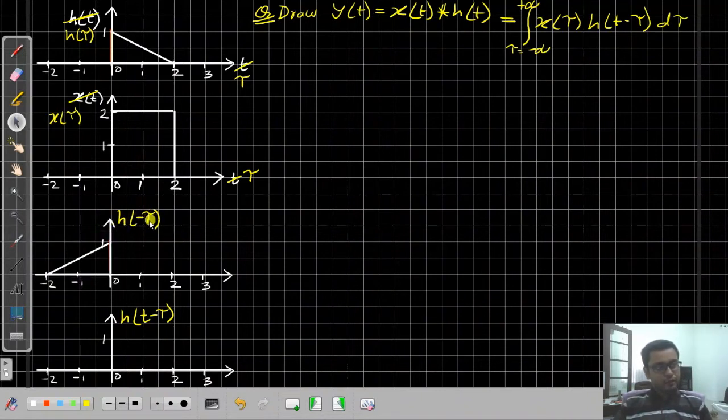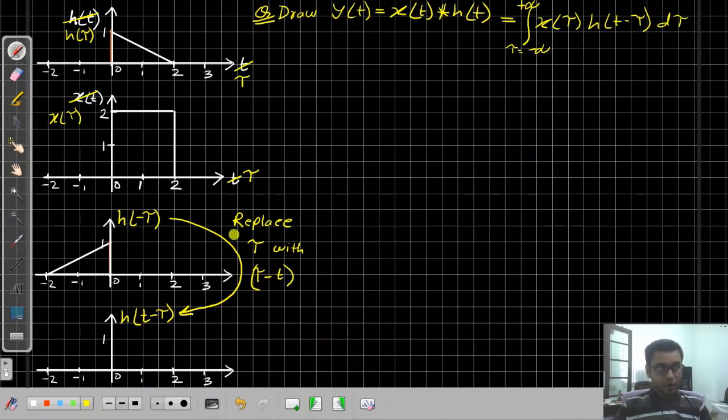Note that to come from here to here, what I have to do is replace tau with tau minus t, because in this expression h of minus tau, if you put here h of minus of tau minus t, then this is equivalent to h of t minus tau.